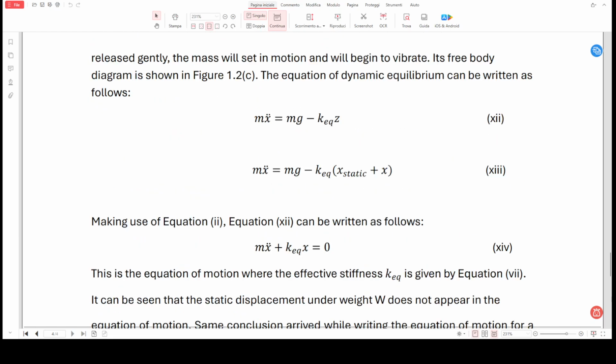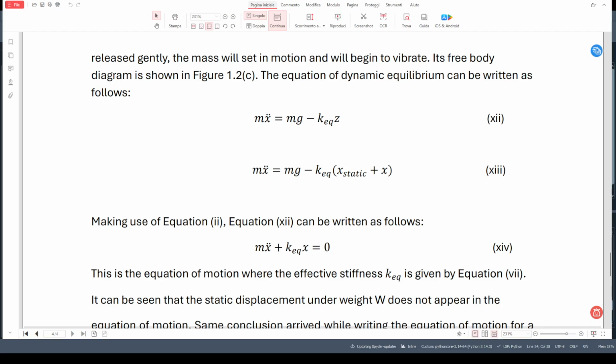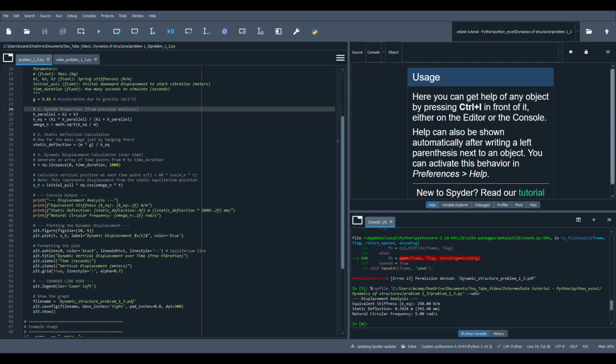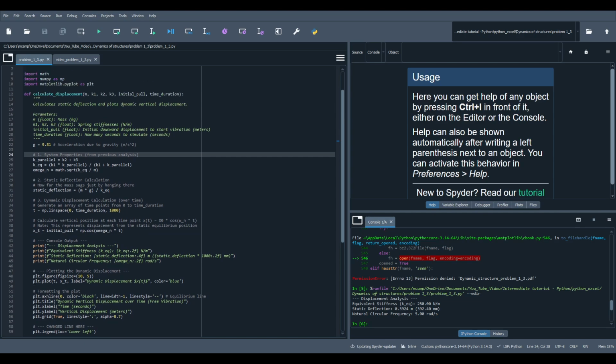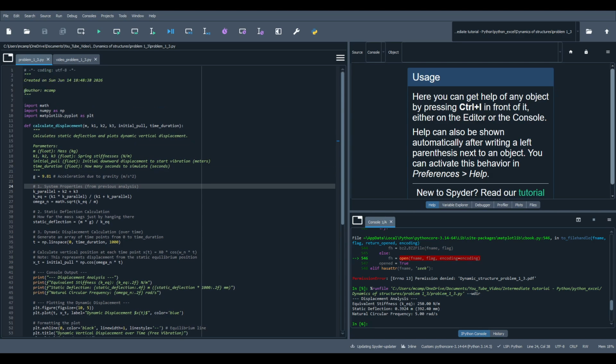Okay, so this is the equation, and we can simulate this harmonic movement with Python code, as we can see here. We can explain what this code does.